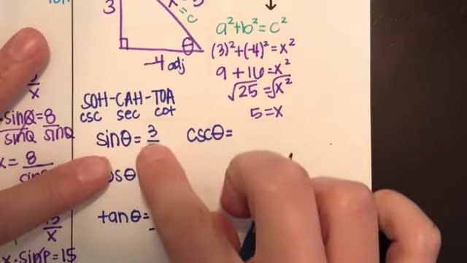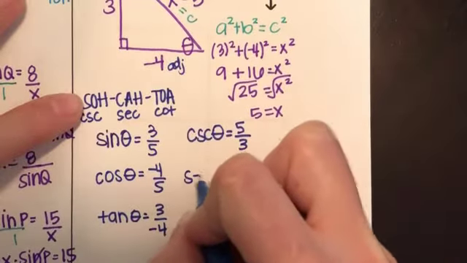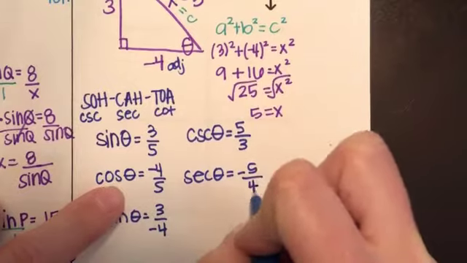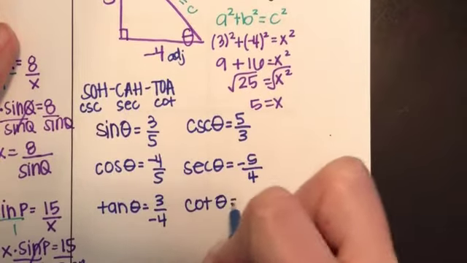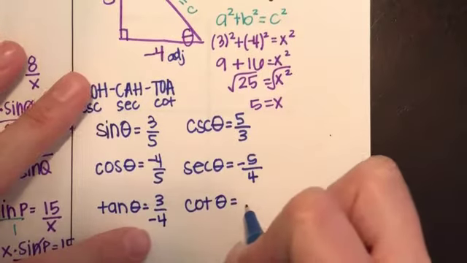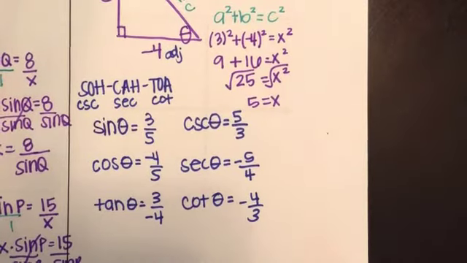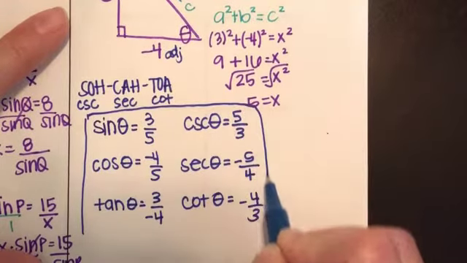Cosecant is just the reciprocal of sine, so 5/3. And secant of theta is the reciprocal of cosine, so -5/4. And then cotangent theta is the reciprocal of tangent, so -4/3. Okay, and those are our 6 trig functions that we evaluated.